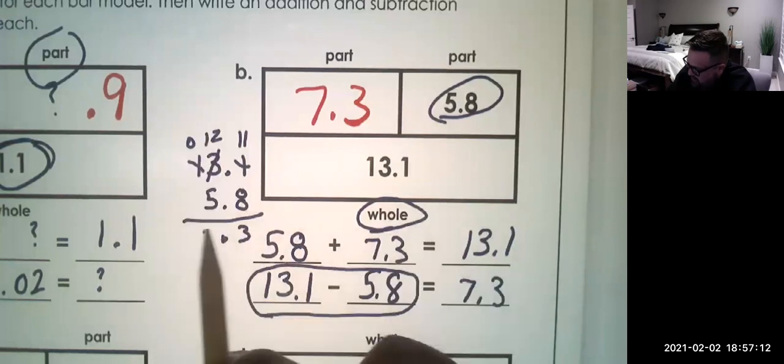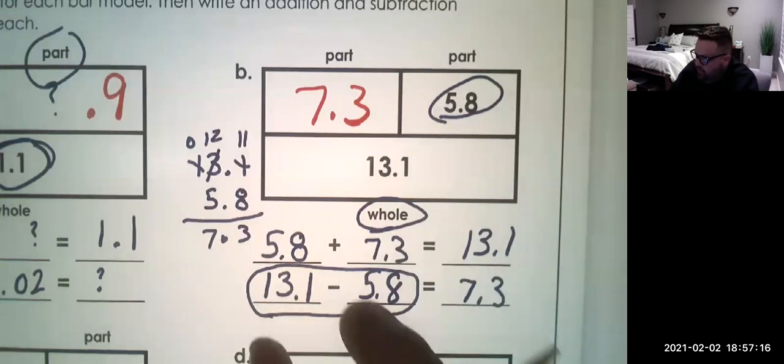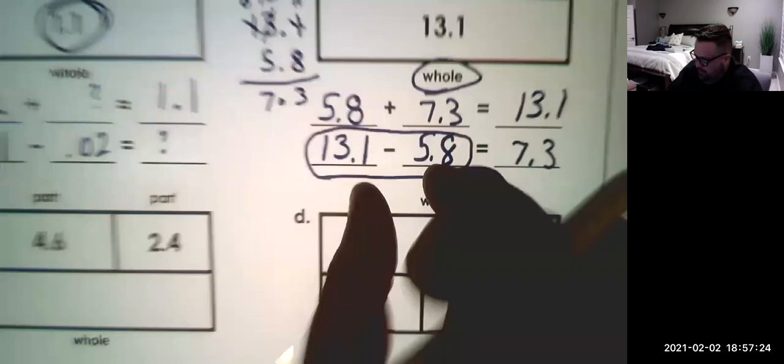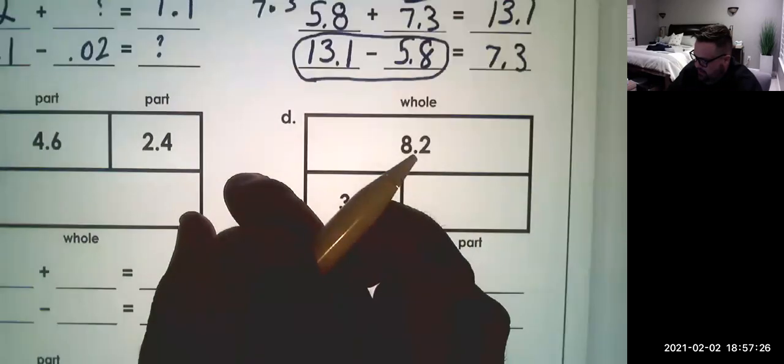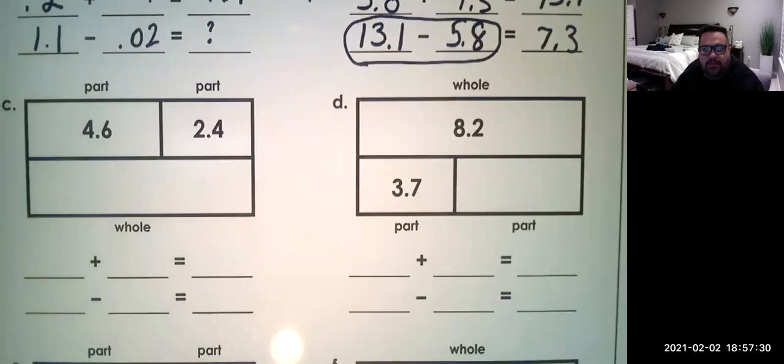You got to keep them lined up. So for part A, make sure you put in 0.9. For part B, make sure you put in 7.3. All right, pause me and let's have you do C and D right now.